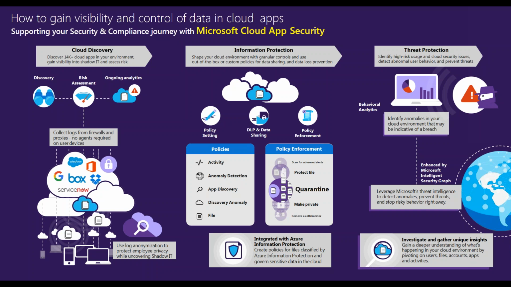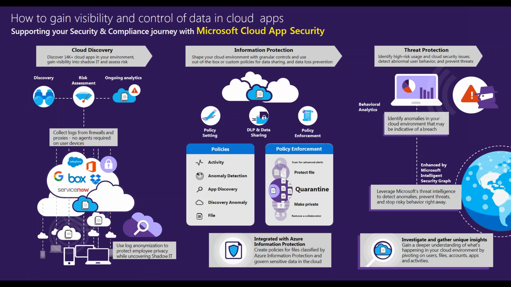So Cloud App Security is built on a framework, and it's comprised of three main components: cloud discovery, data protection, and threat protection. So firstly, cloud discovery. Cloud discovery enables you to discover all cloud use in your organization, including shadow IT reporting, and helps you control and manage your risk. Secondly, you've got data protection.